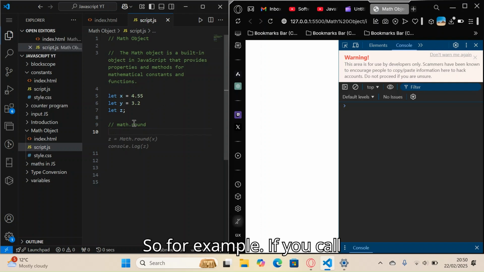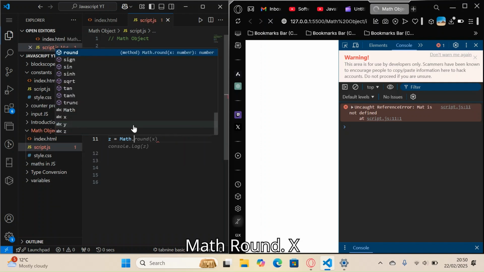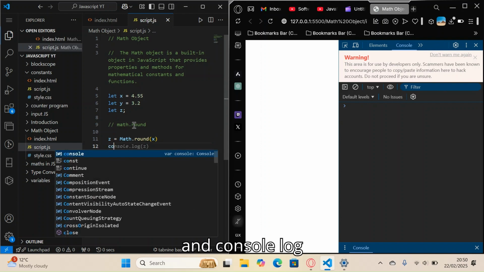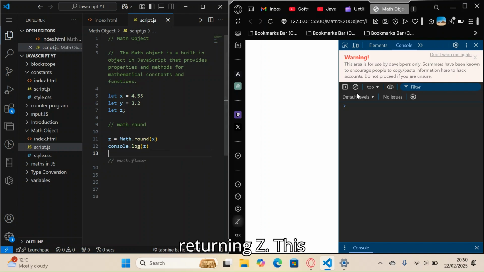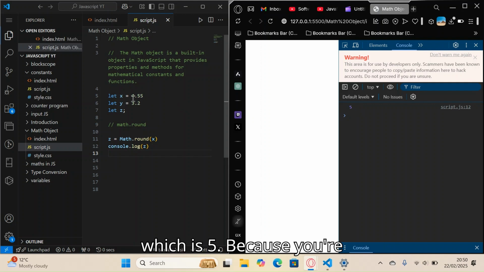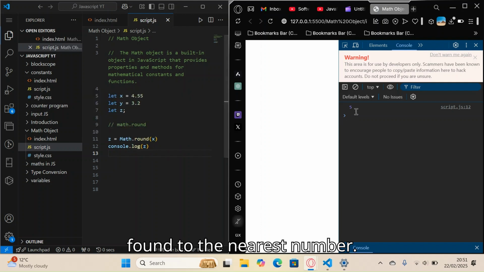For example, we call z equals math.round(x) and console.log z. This should give you the full integer number, which is 5, because you're rounding up from 4, and it shows an expression that can be rounded to the nearest number.